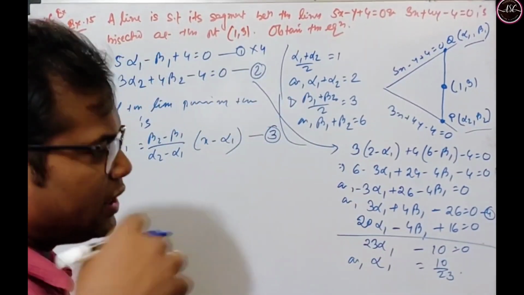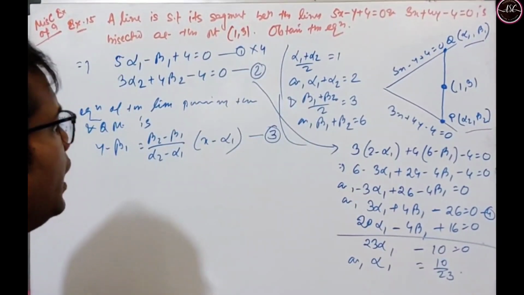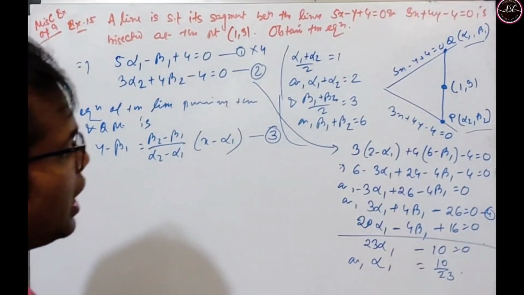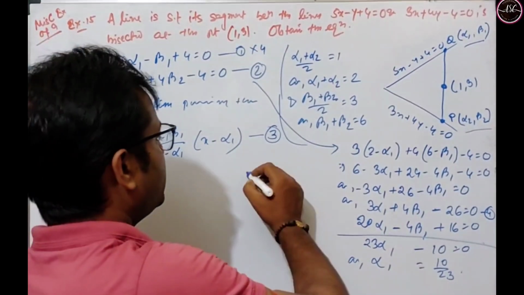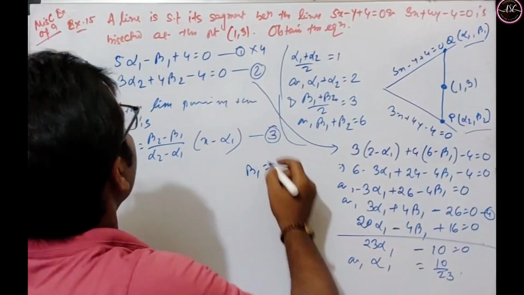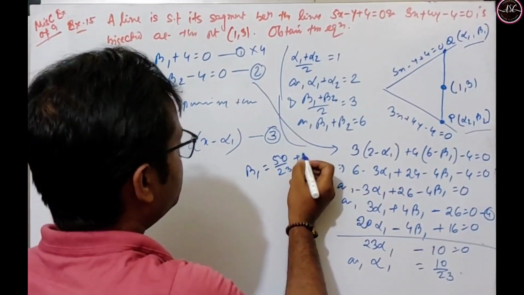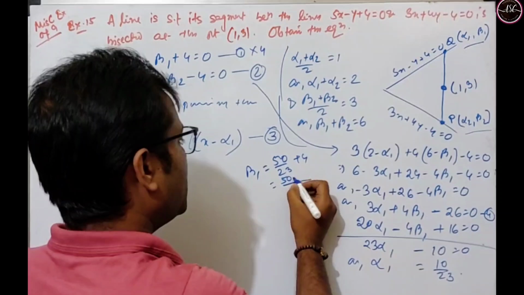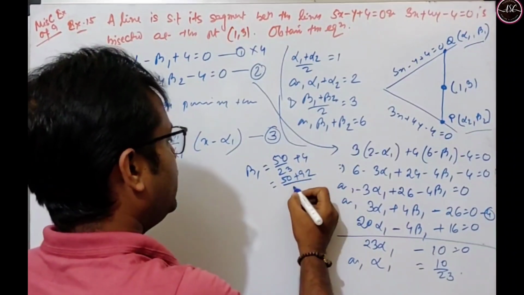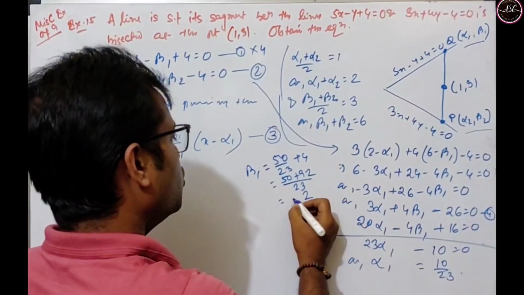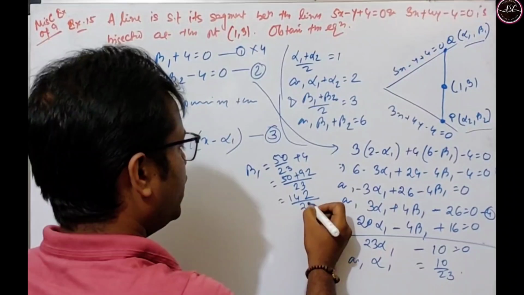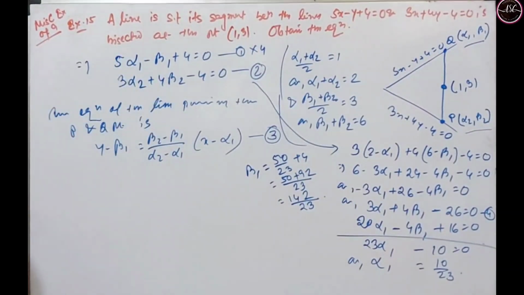So we get alpha 1. Okay, and just putting the alpha 1 in equation 1, we get beta 1 equal to 5 into alpha 1 plus 4, that means 50 by 23 plus 4, that means 50 plus 92 by 23, that means 142 by 23. We get alpha 1 and beta 1.